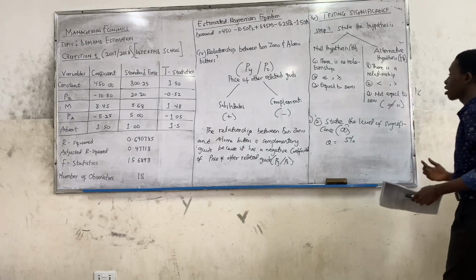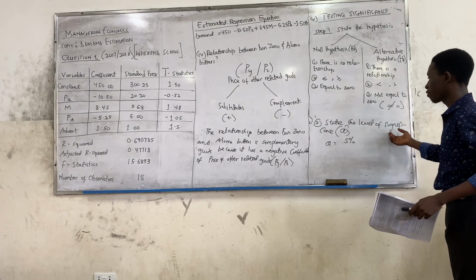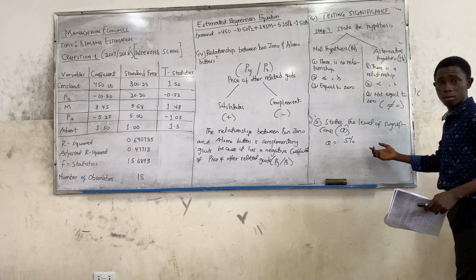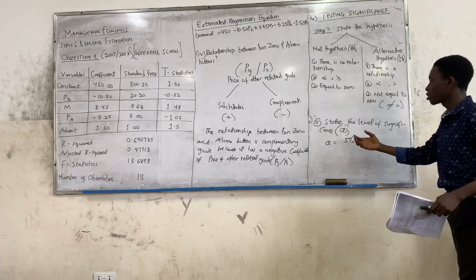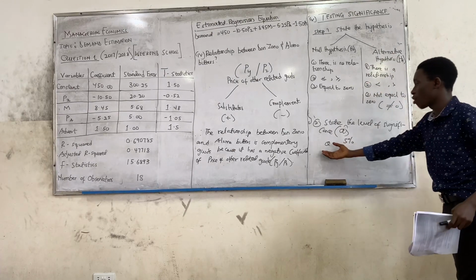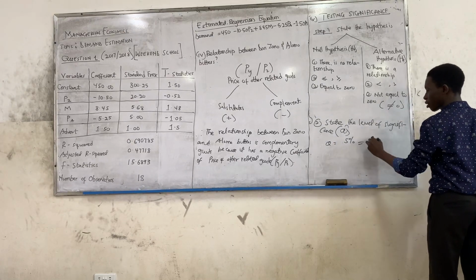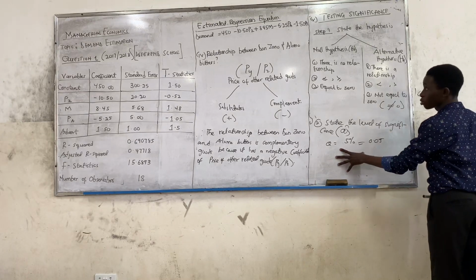So first one is state the hypothesis. Second one, you state the level of significance. Are you okay? The first step, you state the hypothesis. Second step, you state the level of significance. So we have alpha as 5%. So 5% is 0.05. So by hand, you get 0.05. Are you okay? So that's how we do step 2.